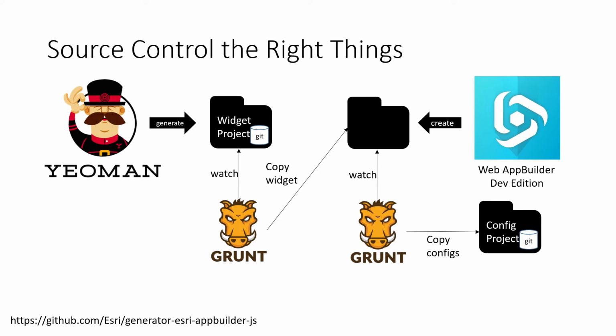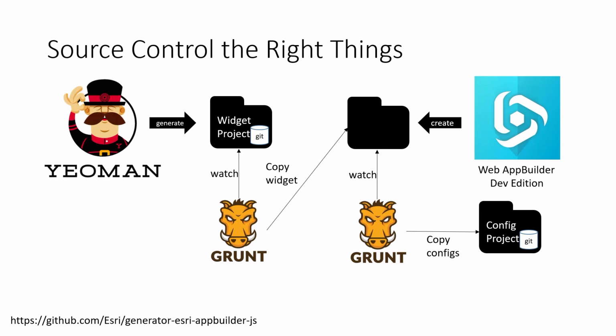This way, you get the goodness of widgets that can be included into multiple projects and your configuration for a specific application, both being separate from the Web App Builder core code, thus allowing the upgrades to go smoothly.